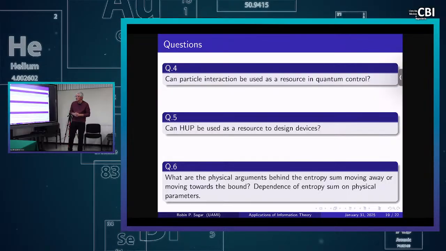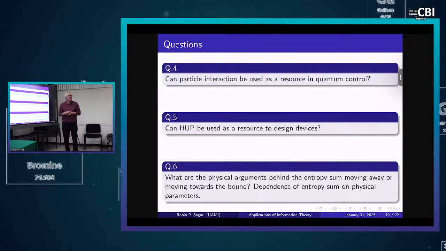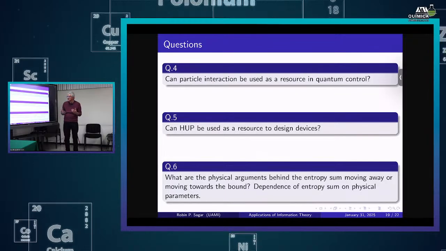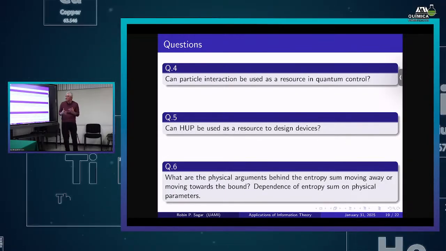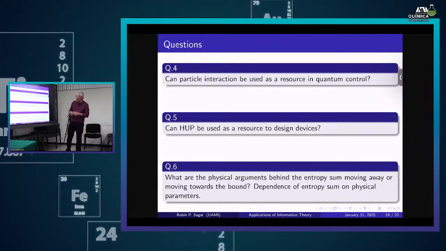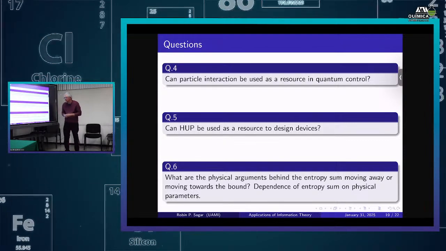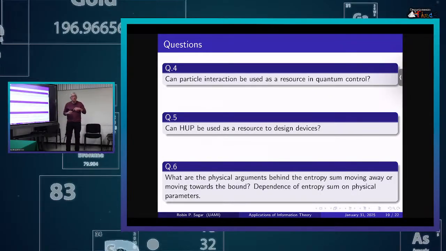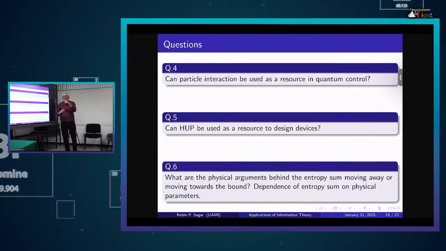Fifth, can the Heisenberg uncertainty principle be used as a resource to design devices? This is related to my question six: what are the physical arguments behind the entropy sum moving away from or toward the bound? We've seen that a lot in these entropy sums.